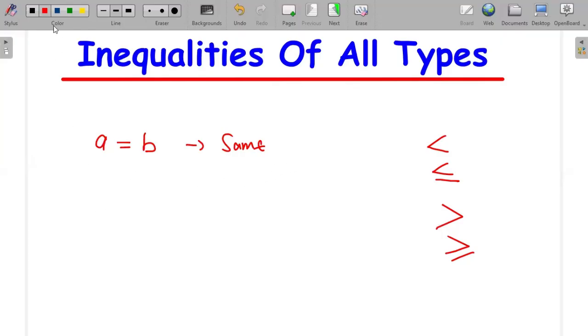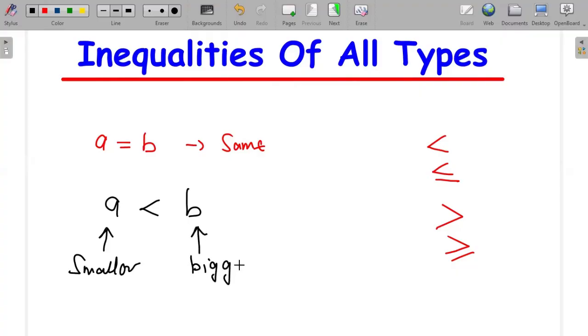So for example, if I write that A is less than B, this simply means that this A here is smaller in magnitude than this B here, which is bigger. So the inequalities simply show the relative sizes of the left and the right side of whatever equation that you have.